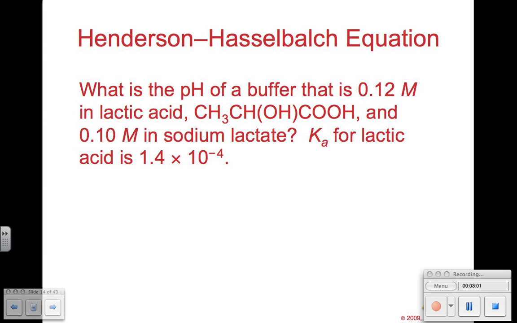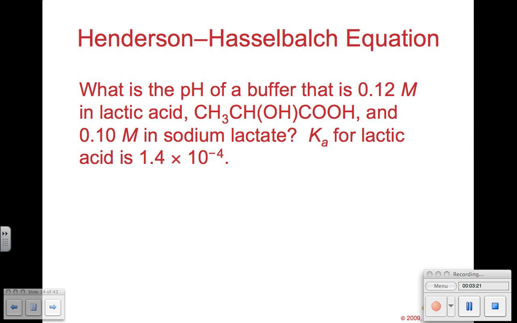Let's say we want to know the pH of a buffer that is made up of 0.12 molar lactic acid, which is the weak acid, and 0.10 molar sodium lactate. The Ka for lactic acid is 1.4 times 10 to the negative fourth.